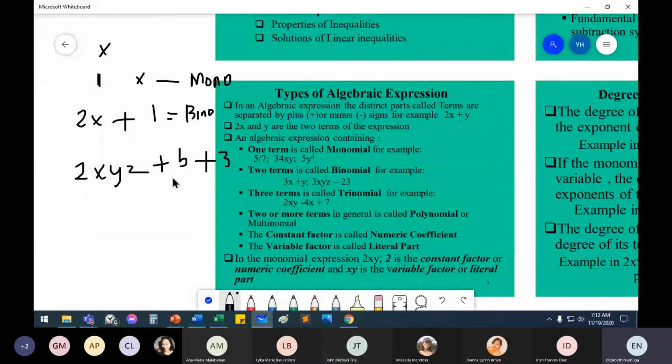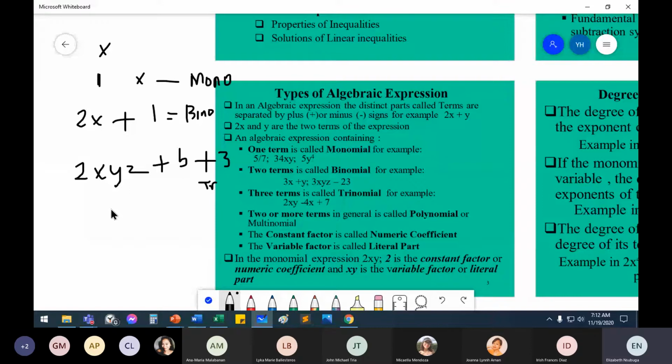Then because we've introduced another operation, it means we are going to have 3 terms in one equation, and that is what is referred to as a trinomial expression. Tri stands for 3, bi for 2, and mono is 1. So this 3-termed algebraic expression is referred to as a trinomial.